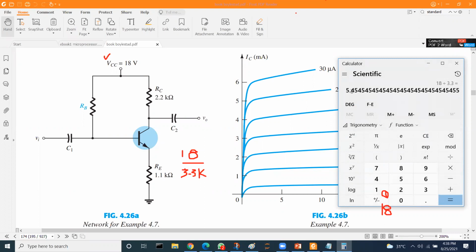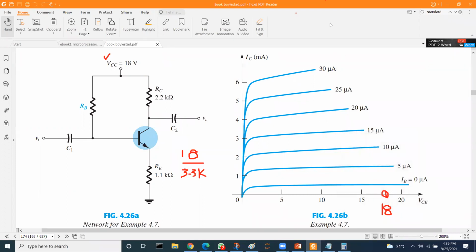We can just say it's 5.4, for example, or 5.5. So the value is approximately here in between. Now we draw a line from here to here to draw the load line.